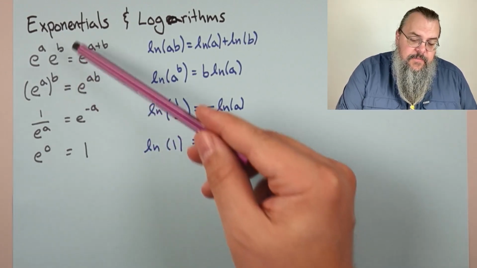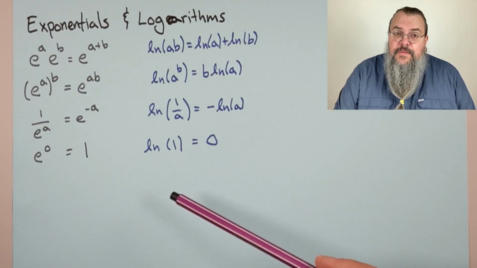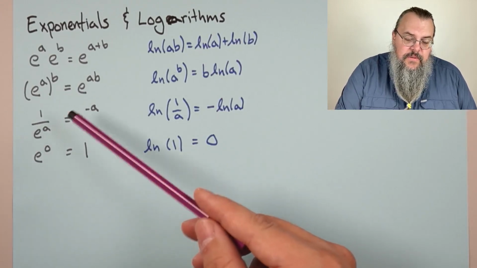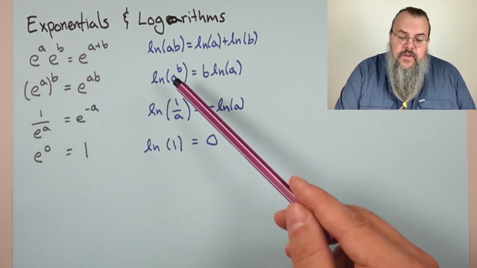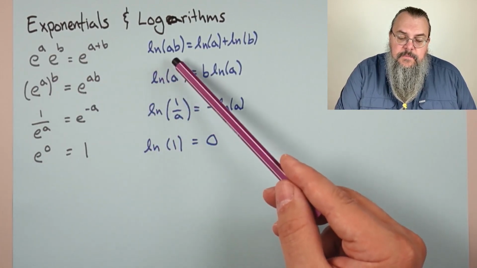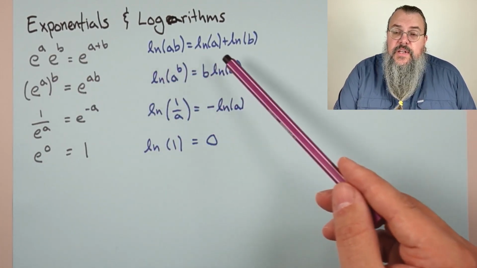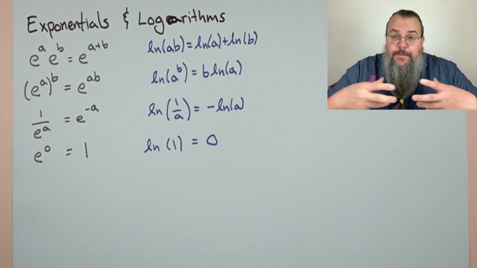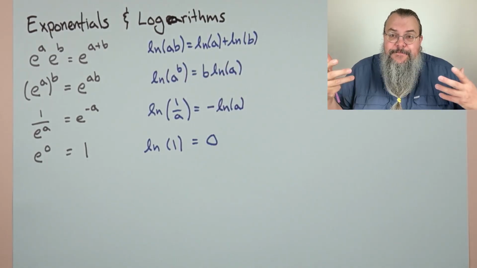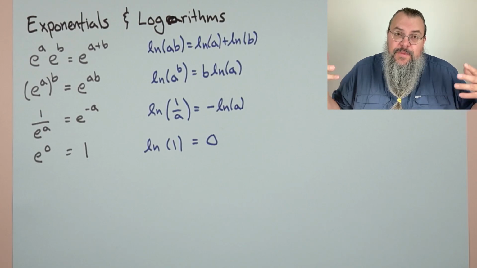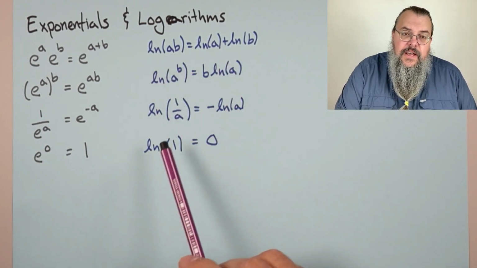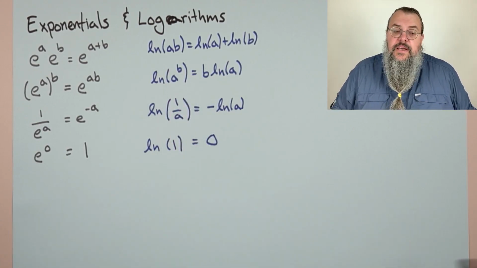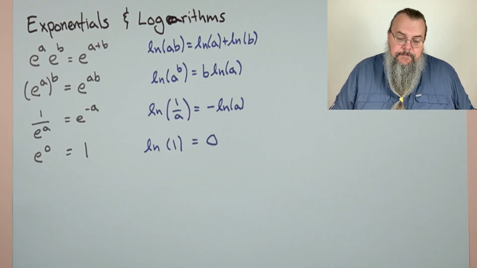Now, rules for exponentials turn into rules for logarithms. So for instance, the fact that when we multiply, we're adding the exponent tells us that a log of multiplication becomes addition. So in other words, logs are helpful for separating. They can also, of course, do the opposite, which is combine, but we have this nice fact. And log of a to the b is b log of a.